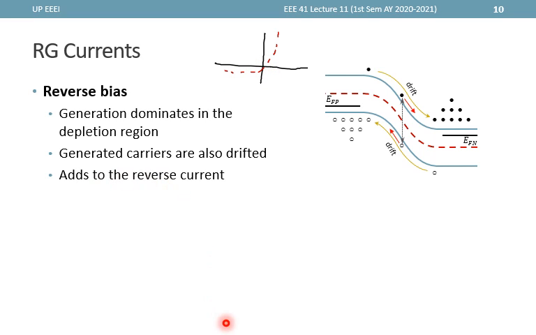Since we added some reverse current, instead of following this dashed line, we'll have more reverse current than expected by the model.